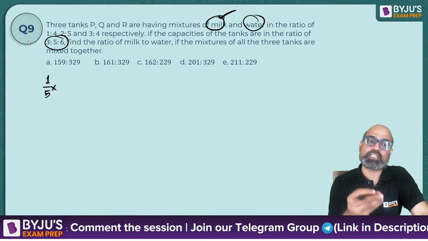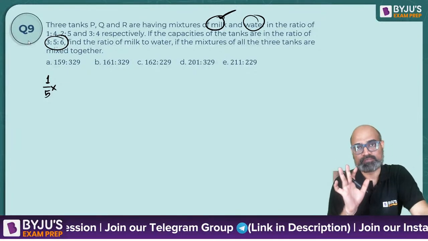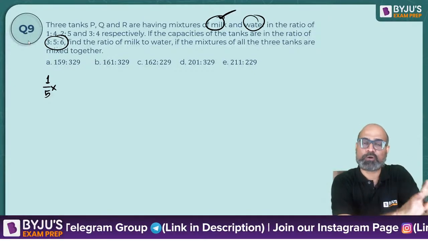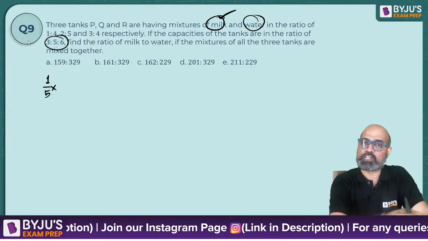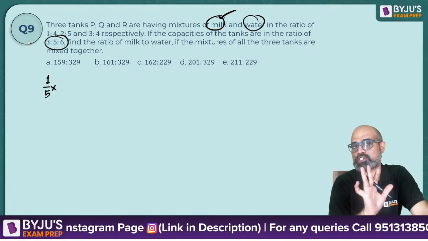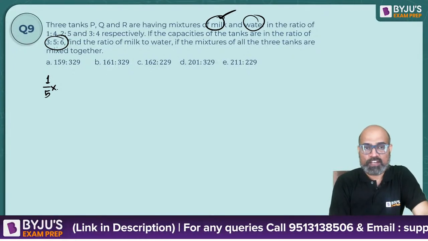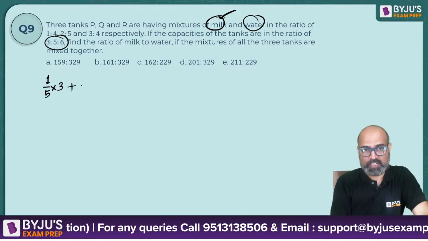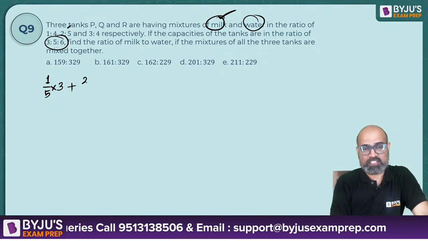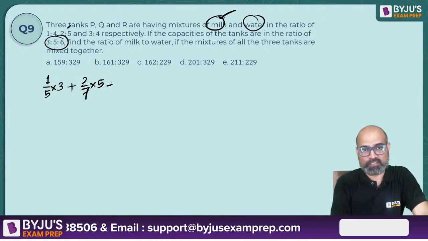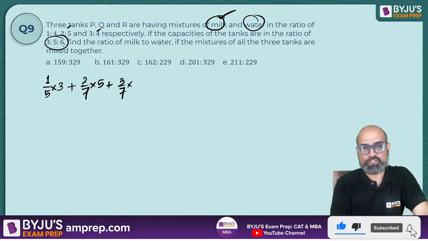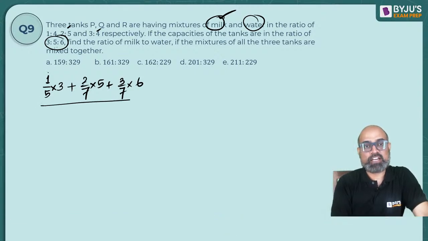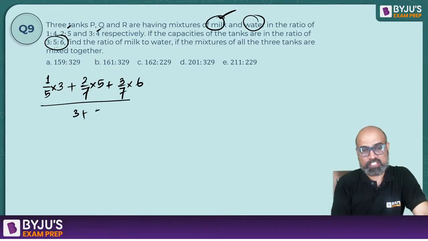I'm going to assume 3 liters, 5 liters, 6 liters. There are 3 liters of mixture in tank P, 5 liters in Q, and 6 liters in R. So 1/5 of 3 liters plus 2/7 of 5 liters plus 3/7 of 6 liters, divided by the total number of liters, which is 3 plus 5 plus 6.